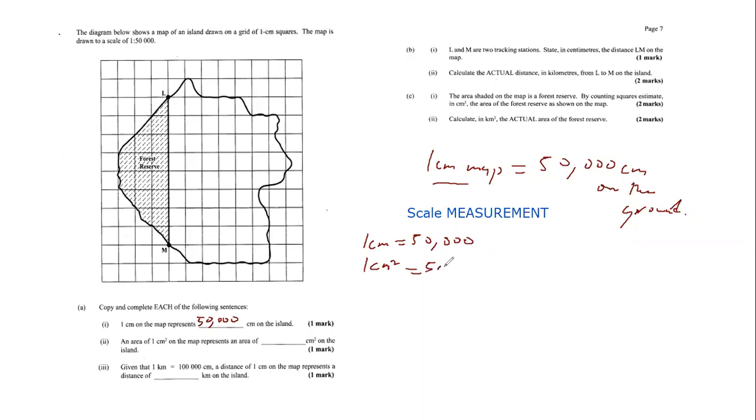So you can put 50,000 squared, or this number is actually 2, 5, and then how many zeros? 8 zeros. So 1 centimeter square on the map represents that figure.